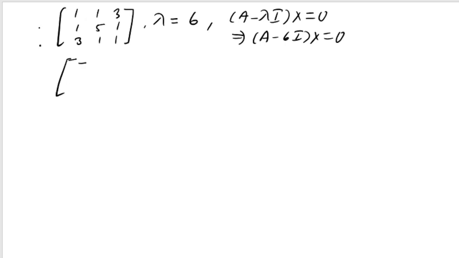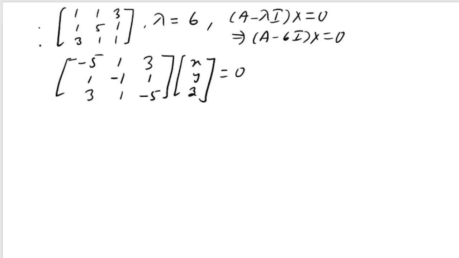So 1 minus 6 is -5, 1, 3, 1, 5 minus 6 is -1 and 1, and 3, 1, and 1 minus 6 is -5, right? Now I have to reduce it to the row reduced echelon form, equal to 0. So I hope it is correct: 1, 3, 1, 1, 3, 1, and it will be -1, it will be -5 and -5.